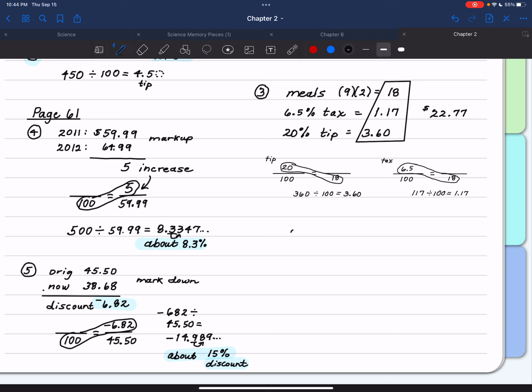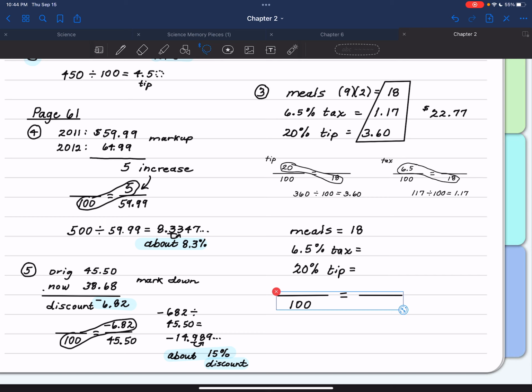So again, we have meals. I have no question that the meals were $18, 2 of them. Then the tax was 6.5%. And then the tip is 20%. So let's do the tax first.